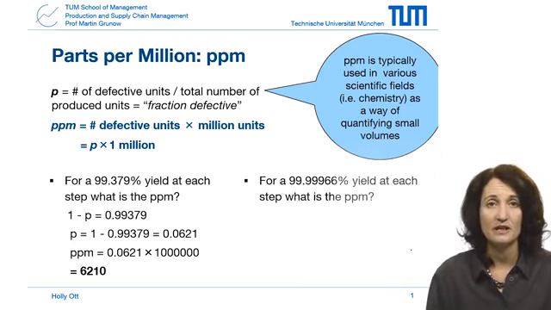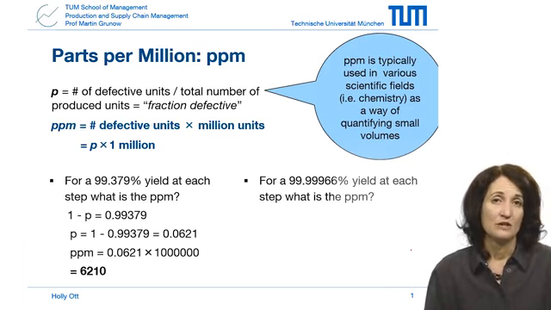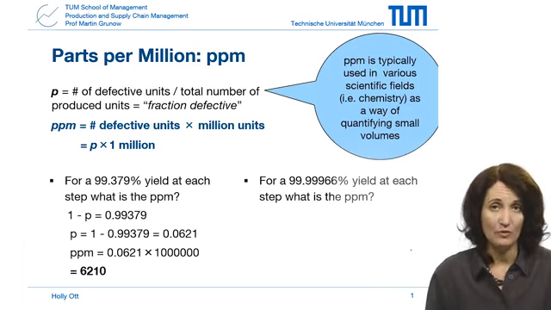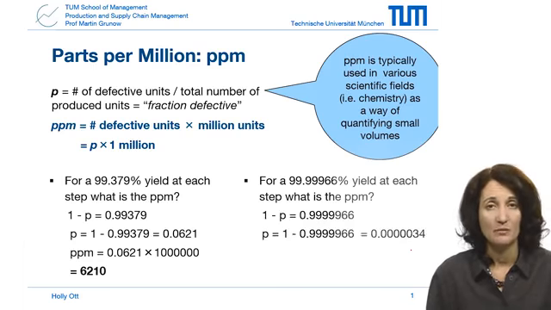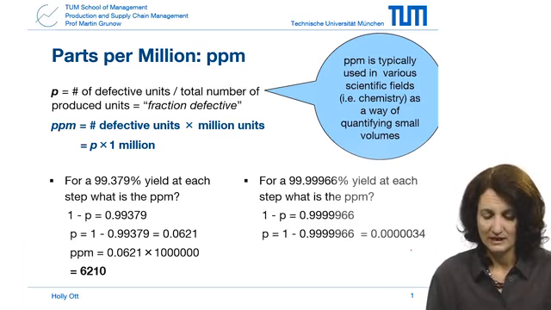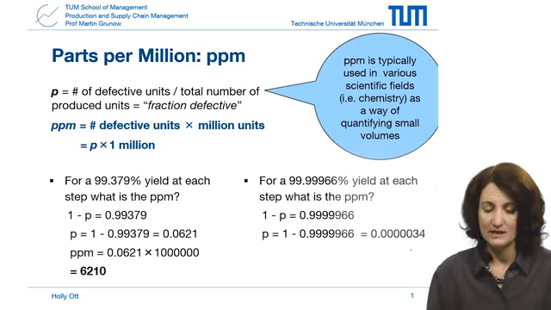Another example then, if we have 99.99966% yield at each step, what is then the parts per million? So again, the yield at each step is going to be 1 minus P, which is equal to 0.9999966.